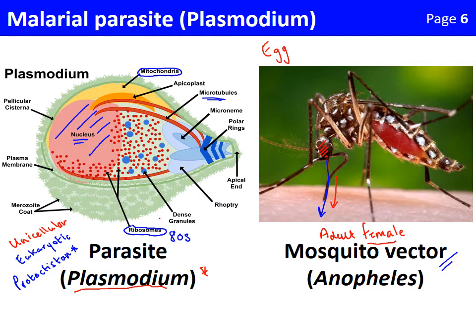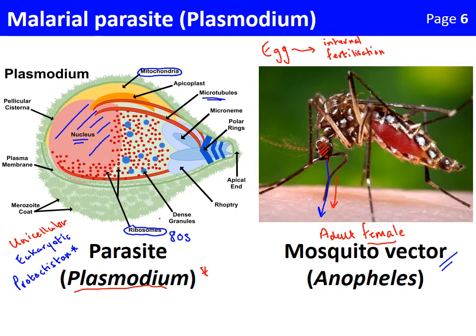Now, the actual vector, the female mosquito, she makes eggs. So the life cycle of the mosquito, so we're not talking about the Plasmodium here, but the actual vector, is a typical insect life cycle. So there is internal fertilization of the female's eggs with the sperm from the male.